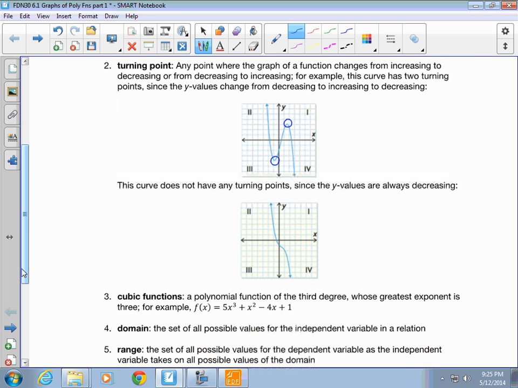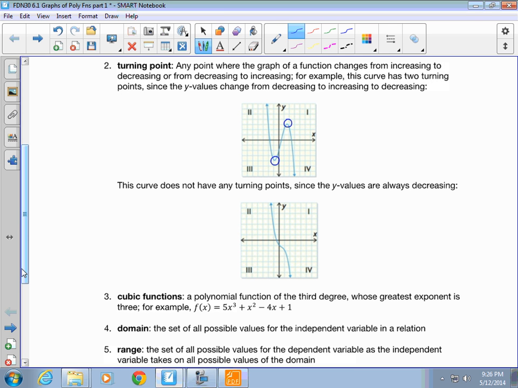The second graph here does not have turning points because the y values are always decreasing. So remember, we're always starting from left to right. From the left, it's negative. Your values are going down in quadrant 2, and they continue to go down in quadrant 4. They could have even less of a curve and be going down in quadrant 3 as well.